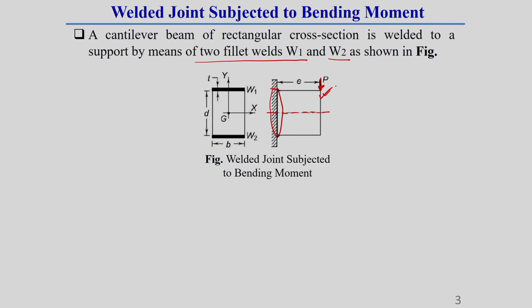At this free end there can be a point load P. If the cantilever beam is fixed by these types of welds W1 and W2, what should be the design parameter, or the dimension of this weld for this type of connection? What procedure should we follow, that I am now going to discuss.